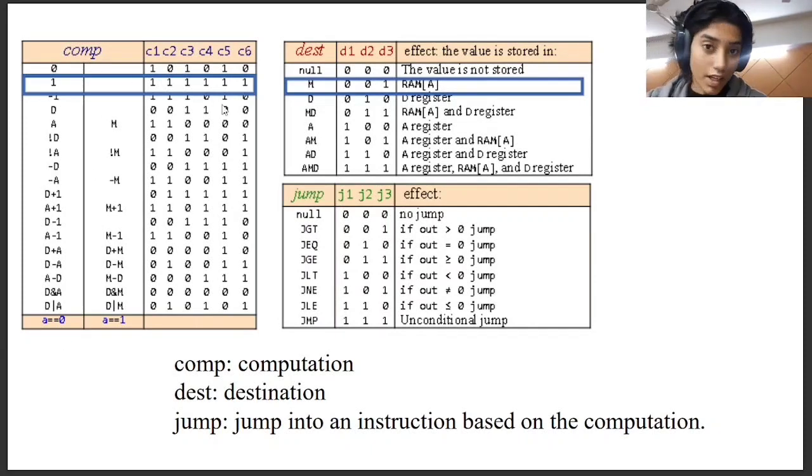Different types of computation end up giving you different results, and the same goes with different combinations of the destination bits. So it is with the jump. Over here I just wrote the full forms: comp is computation, dest means destination, and jump moves into the next instruction, which is dealt with after the computation.